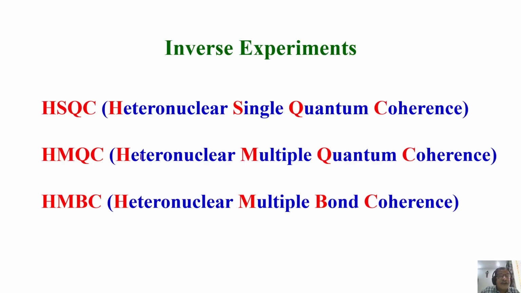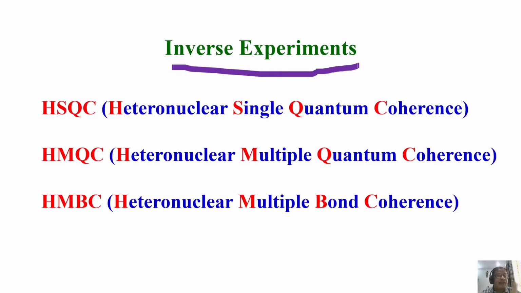In this process, you will know what is happening to the dilute spin. You can indirectly detect the dilute spin by taking the magnetization from the abundant spin, giving it to a rare or dilute spin, and taking it back to the abundant spin. This type of experiment is called an inverse experiment, where you detect the abundant spin. What is the advantage? Faster experiment.